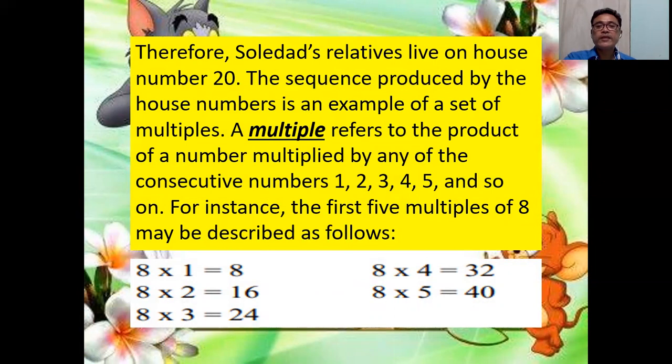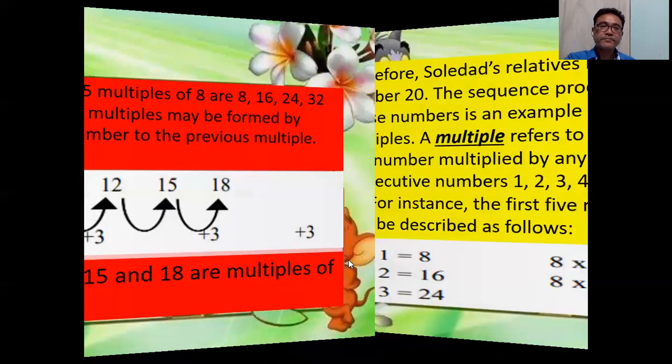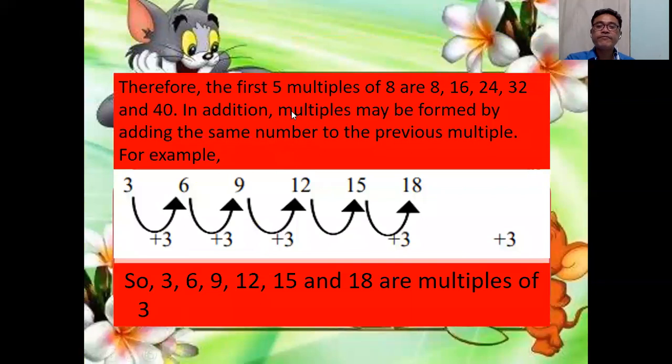For instance, the first 5 multiples of 8 may be described as follows. 8 times 1 equals 8. 8 times 2 equals 16. 8 times 3 equals 24. 8 times 4 equals 32. 8 times 5 equals 40. Therefore, the first 5 multiples of 8 are 8, 16, 24, 32, and 40.